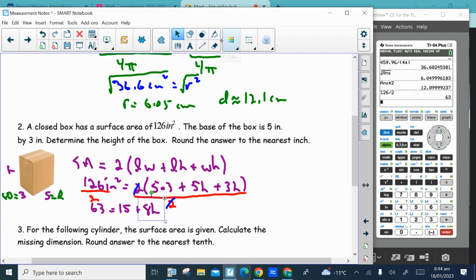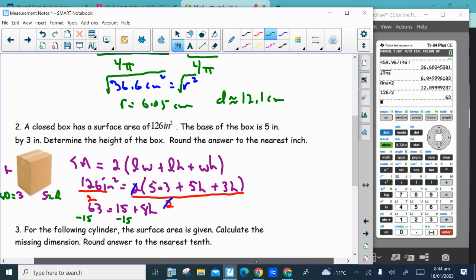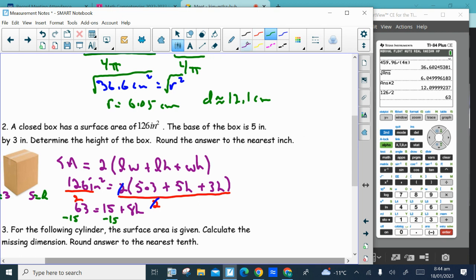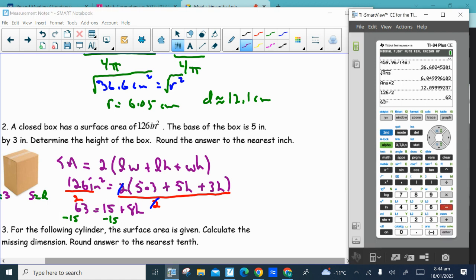So now we need to get h by itself. So my next step is I would subtract the 15 from both sides. So 63, take away 15 gives 8h.